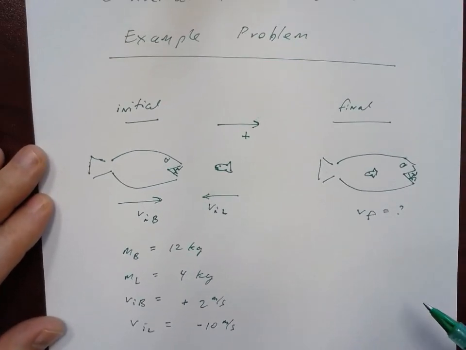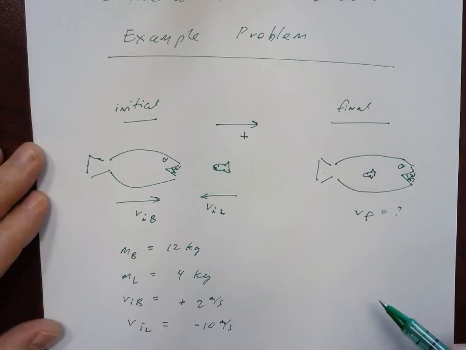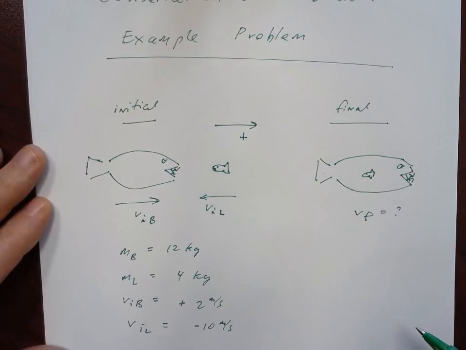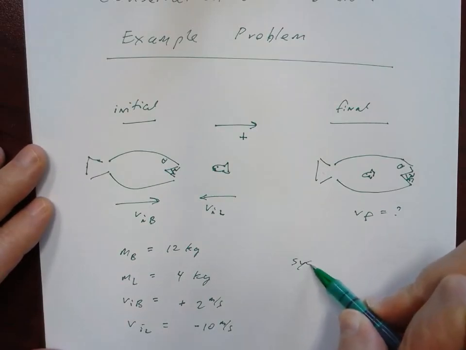Okay, before we apply the conservation of momentum principle, let's make sure we have proved that conservation of momentum actually applies in this situation. We have learned that the total momentum of an isolated system is conserved, so we have to define our system.